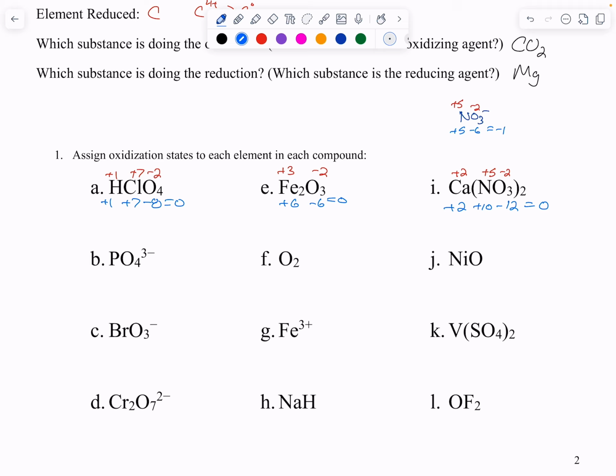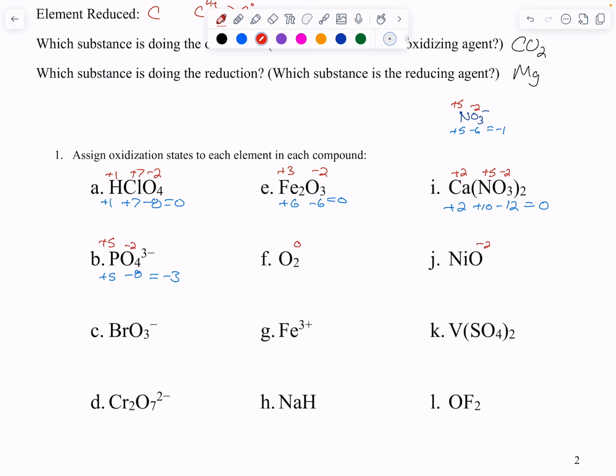So you can always do the polyatomic ions by itself. You don't have to. Sometimes you can figure it out, but sometimes you can't. Phosphate adds up to -3. I start with oxygen, which is a -2, -8 there. So that's +5, isn't it? We got O2, element by itself. Nice. J, well, the name of that would be nickel what oxide?